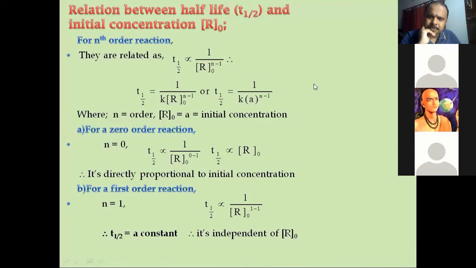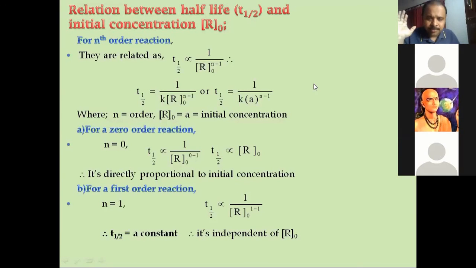Straight line parallel to x-axis. Fantastic. Straight line parallel to x-axis. Half-life is along y-axis, initial concentration along x-axis. Half-life is independent of initial concentration, which means half-life has to be constant irrespective of concentration along x-axis. So a straight line parallel to x-axis is obtained.